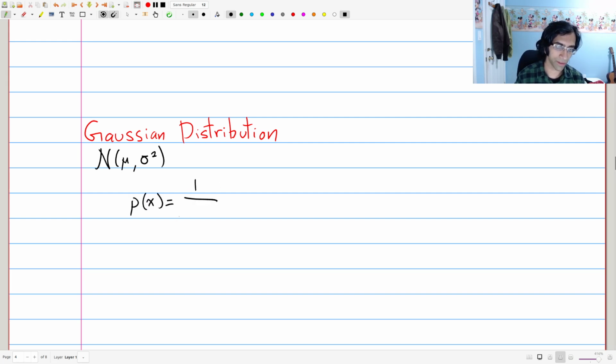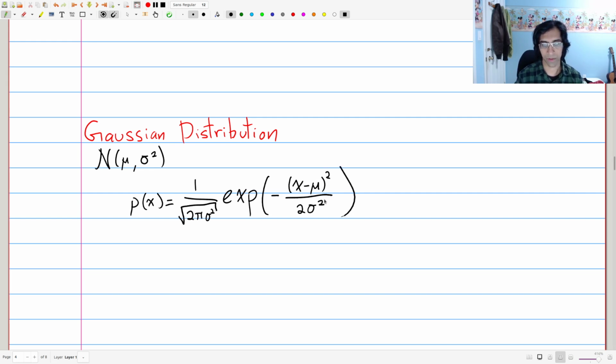Once you see this enough, it looks kind of intimidating, but you kind of get used to it and can remember it. Yeah, so that is the density of the Gaussian with mean mu and variance sigma squared.